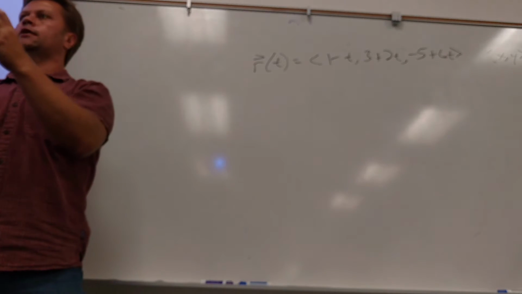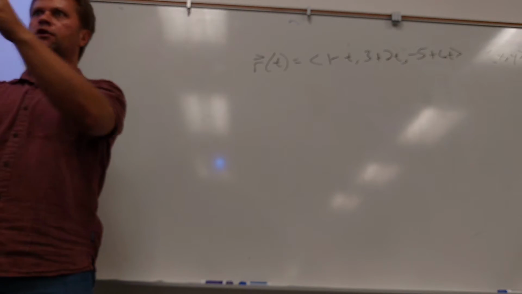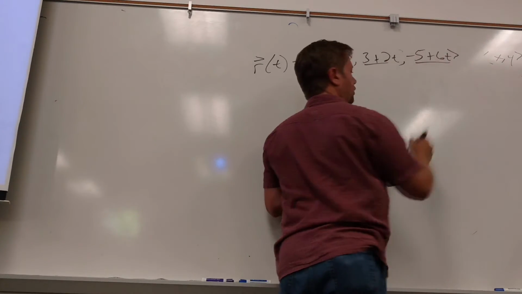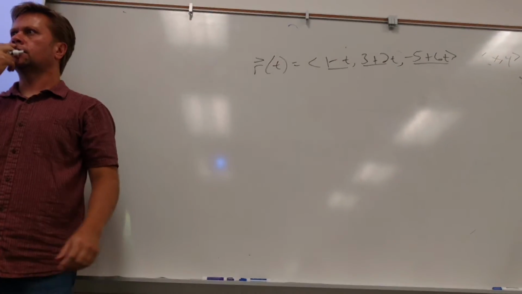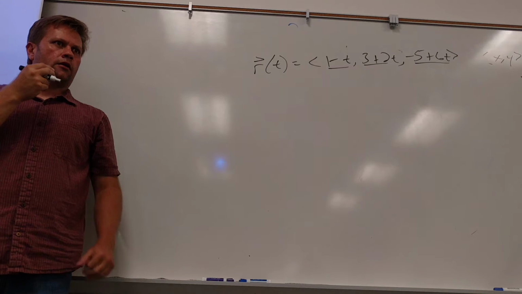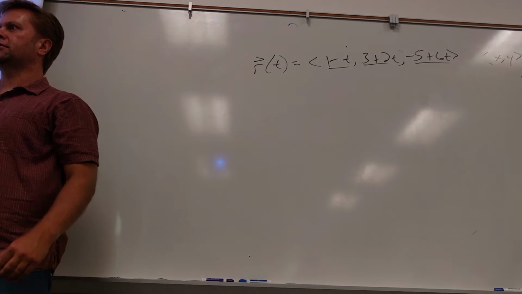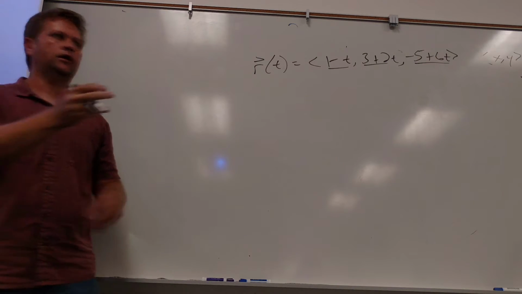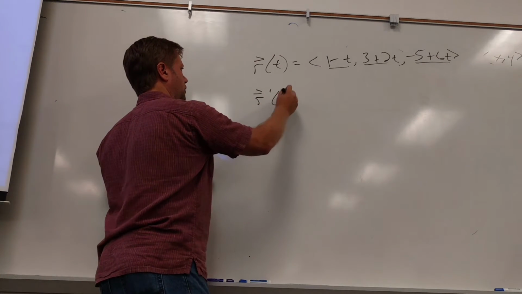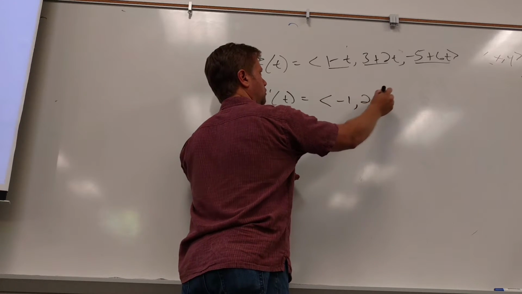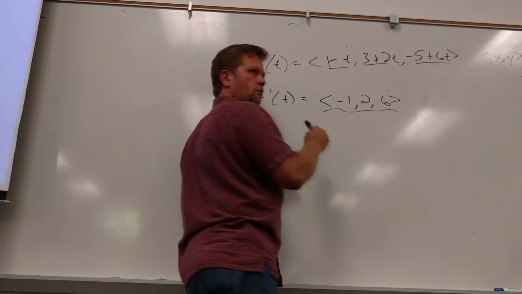If I took this guy's derivative, it's almost too easy, because what can you tell me about the functions that are the components of this vector? They're all really nice because they're all linear, truly linear, right? So r prime is just going to be -1, 2, 6.